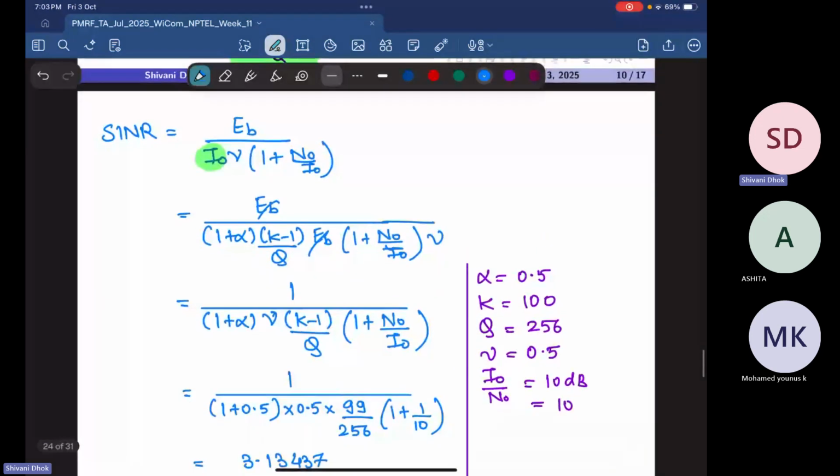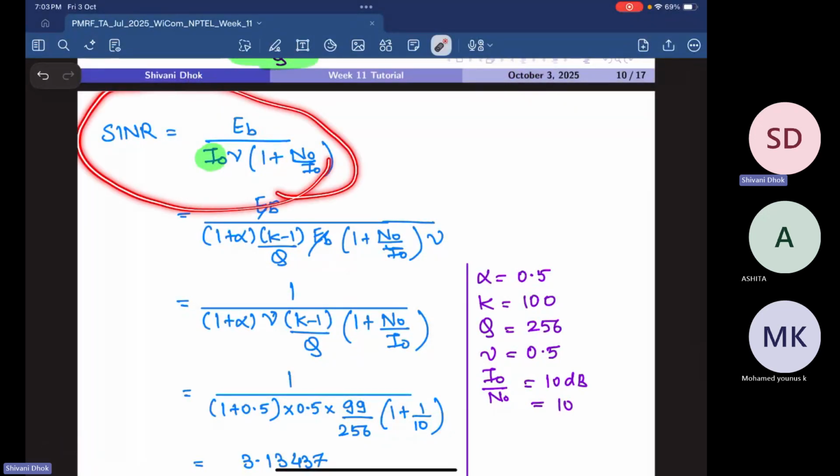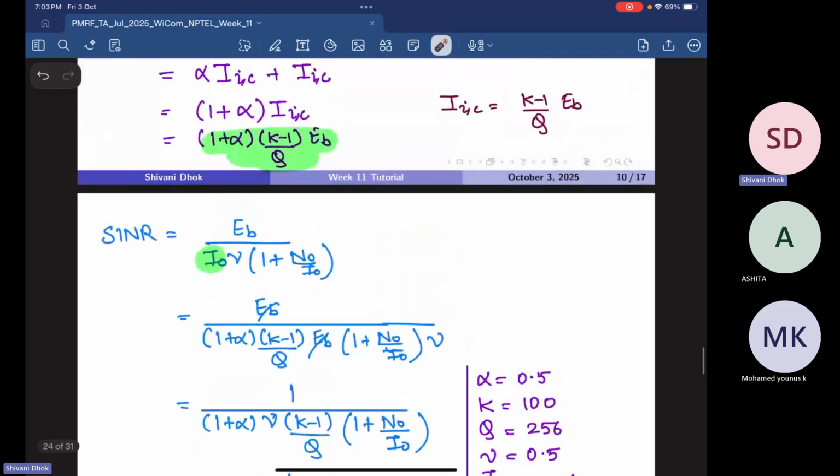So this pole capacity and all those things we have derived from this basic formula. When you have such kind of basic formulas, those take linear values.